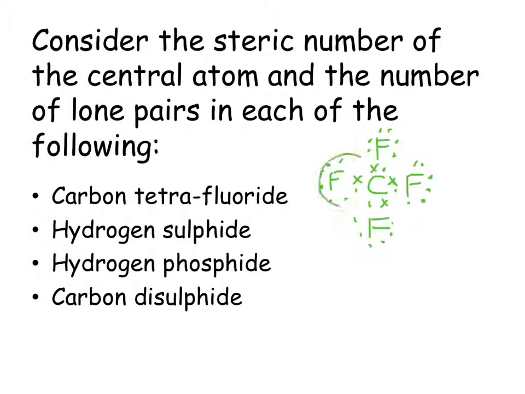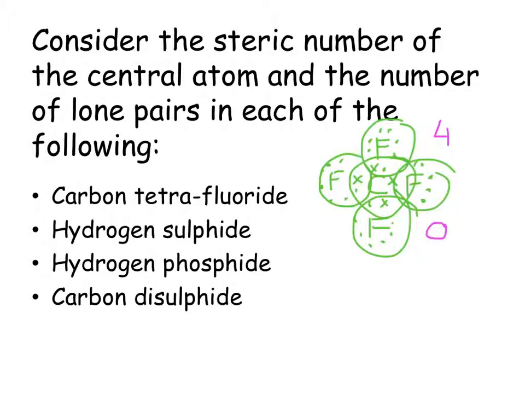So we're going to go like that, like that, like that, and like that. So these are shared pairs. There are 4 of them, and there are no lone pairs at all around that carbon. So the steric number of the carbon is 4. There are 4 bonds or lone pairs altogether, but the number of lone pairs is 0.